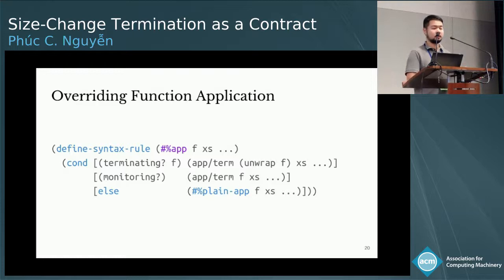If it's a guarded function, then we switch to the non-standard termination semantics. If we already are monitoring, that means we already are in the dynamic extent of applying some guarded function, then we continue with that non-standard semantics. Otherwise, we stick to the plain application in the host language.